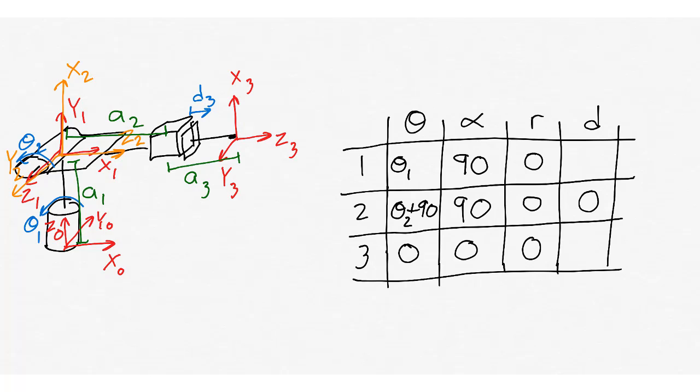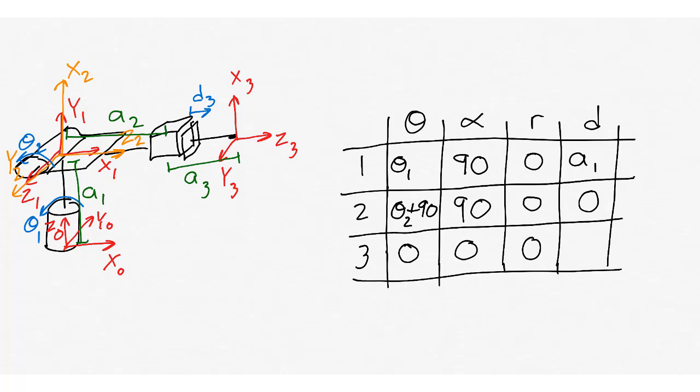Let's do the d parameter. D for the first row is asking us what is the displacement from the center of frame 0 to the center of frame 1 in the zn-1, that is z0 direction. This displacement is a1. We already filled in d for the second row, so let's do d for the third row.